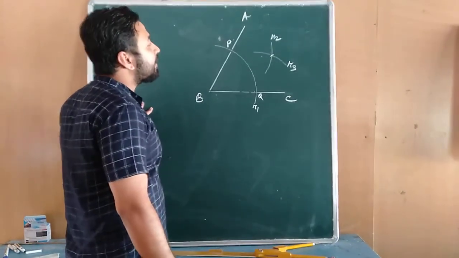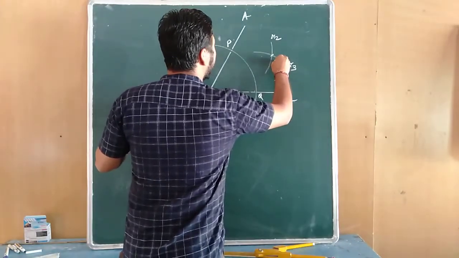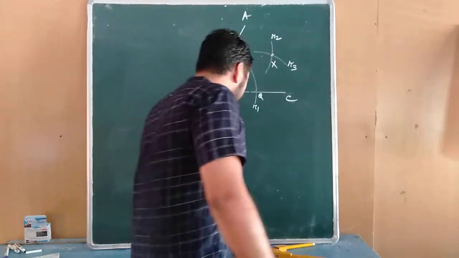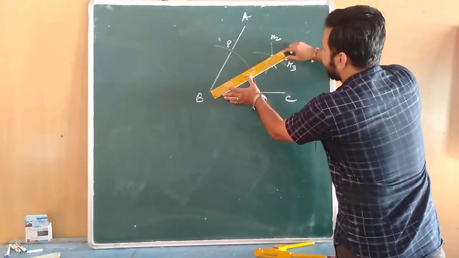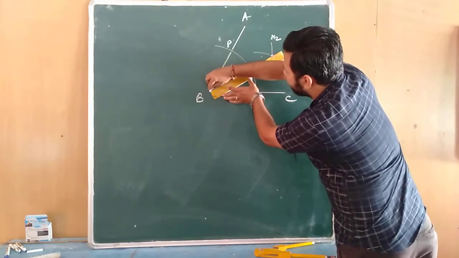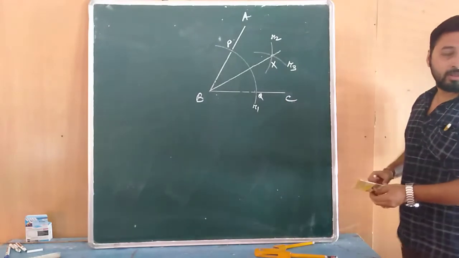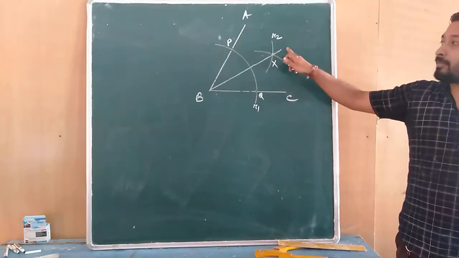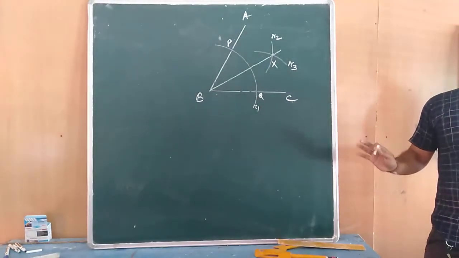We can give the name of this point as capital X. Now we should join B and X. Got it? So BX will be the bisector of angle ABC.